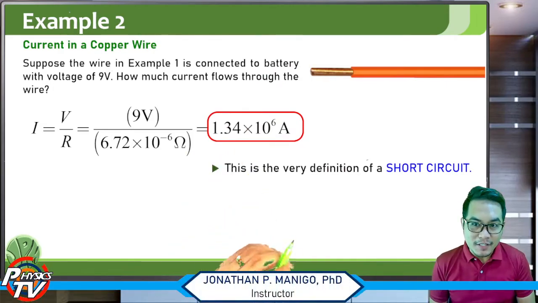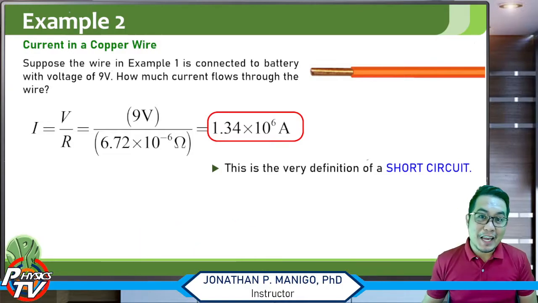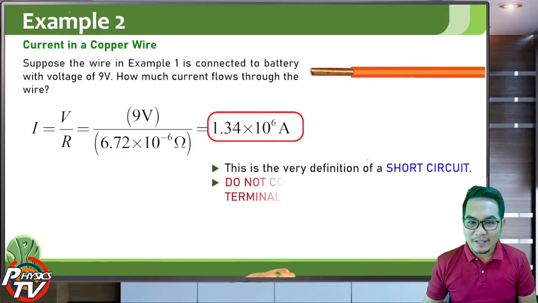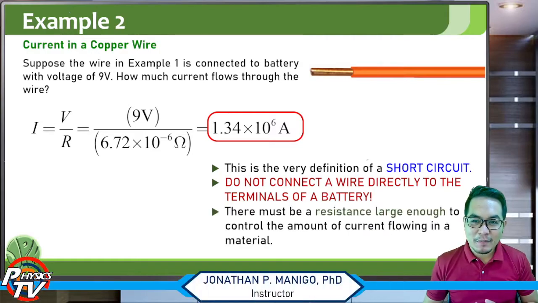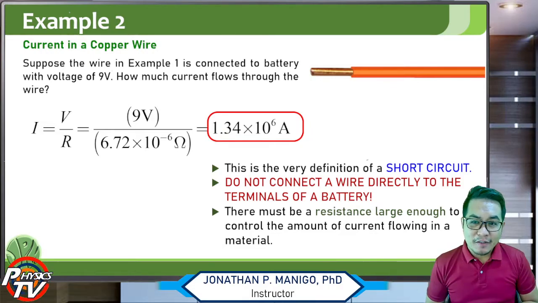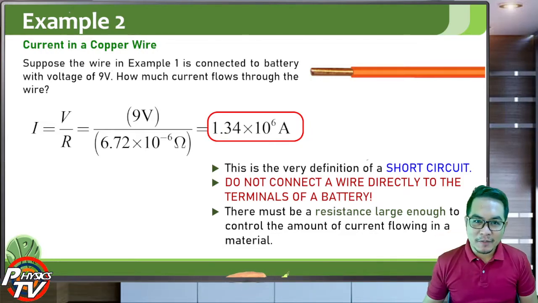And if you touch this wire, you might get electrocuted and you might die. So do not connect a wire directly to the terminals of a battery, and there must be a resistance large enough to control the amount of current flowing in a material.